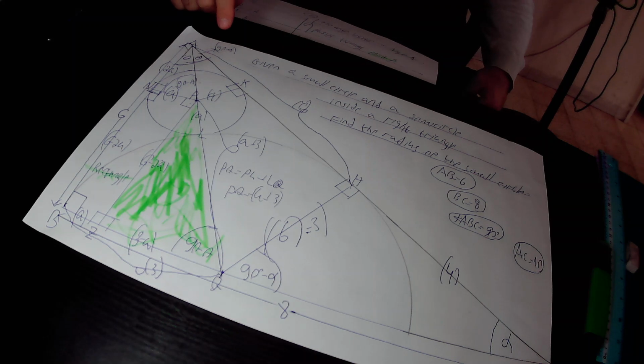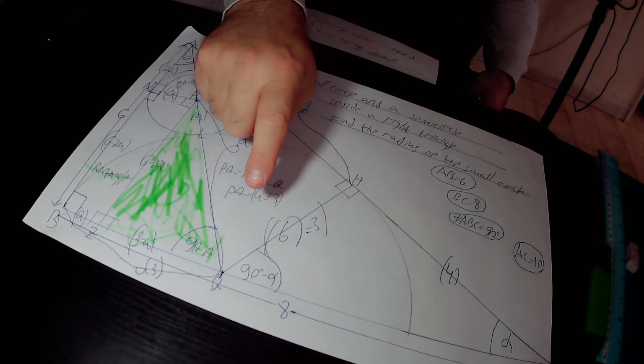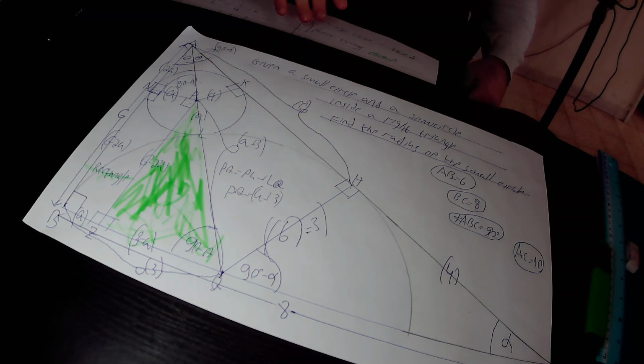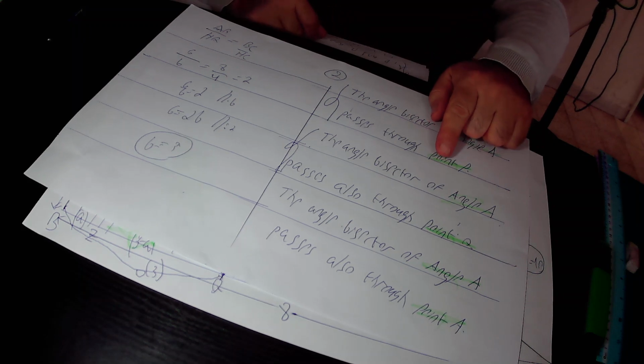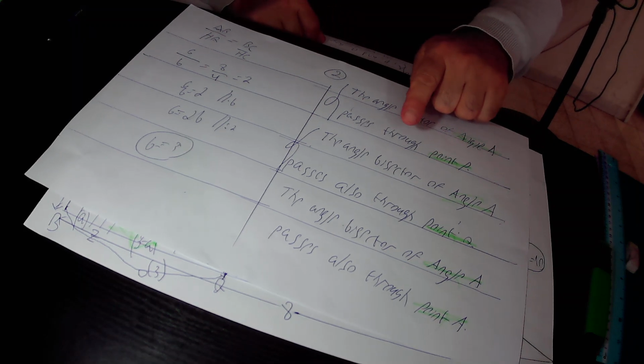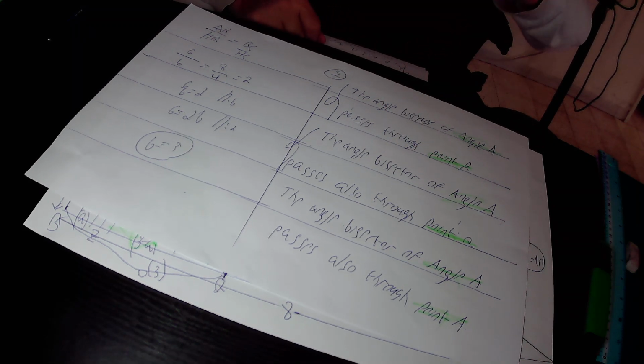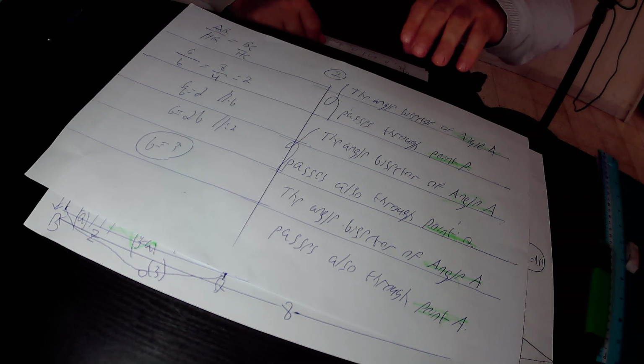So the angle bisector of the same angle A passes also through point Q, the center of the big semicircle.